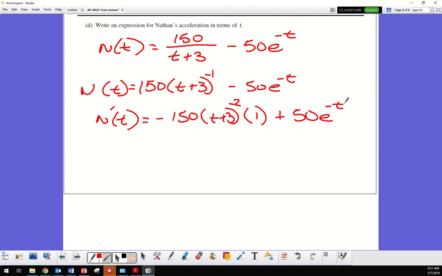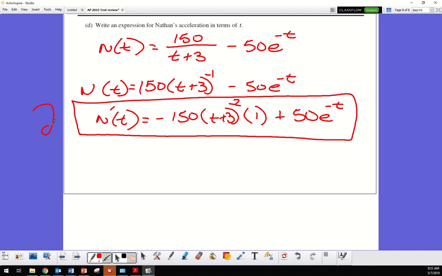Sometimes when you actually try to simplify things, you screw it up, and they only take your final answer. If it's correct up to here, you could leave it alone. I'm going to simplify it so you could see what the simplified answer would be also. I would stop right here, and this gets you 2 points.